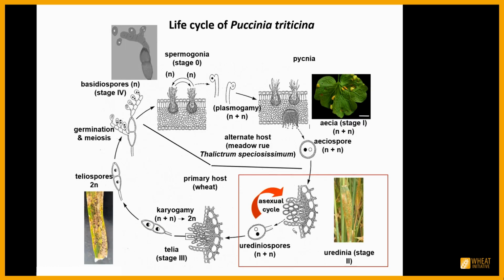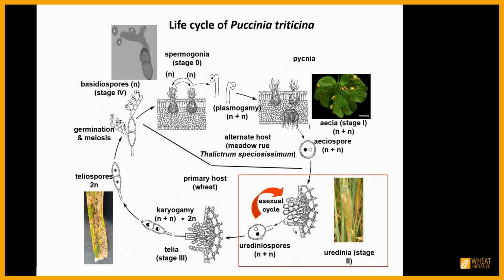So just a quick reminder of the life cycle. Maybe not everybody is familiar with that. What I should point out is that in most of the life cycle, the fungus is dikaryotic, and this holds true for many basidiomycetes, if not all.